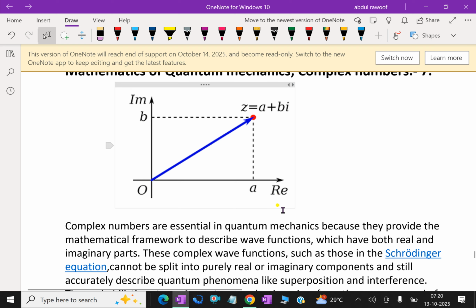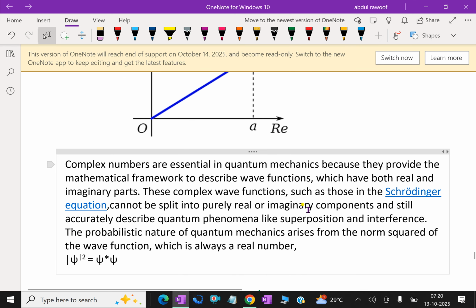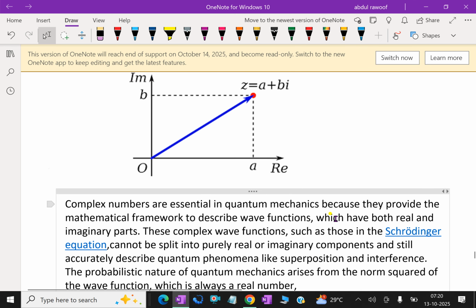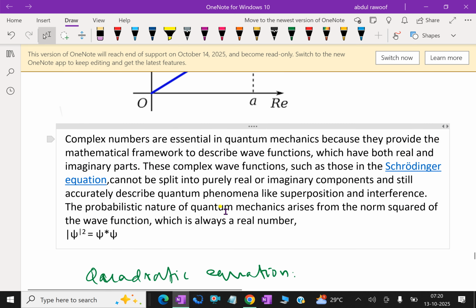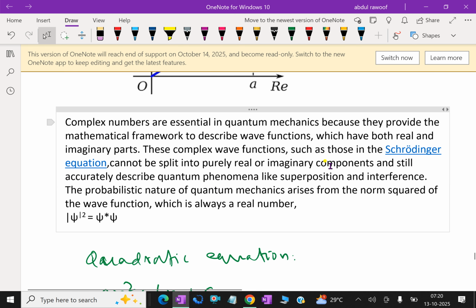Now, complex numbers are essential in quantum mechanics because they provide the mathematical framework to describe wave functions which have both real and imaginary parts. These complex wave functions, such as those in the Schrödinger equation, cannot be split into purely real or imaginary components and still accurately describe quantum phenomena like superpositions and interference.